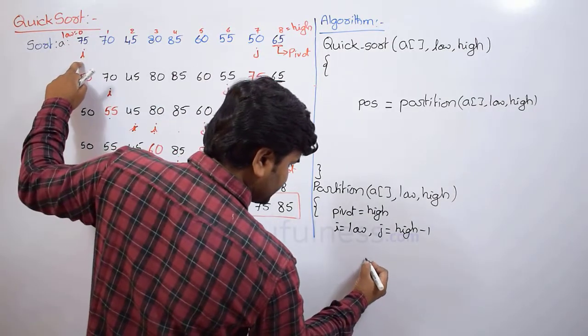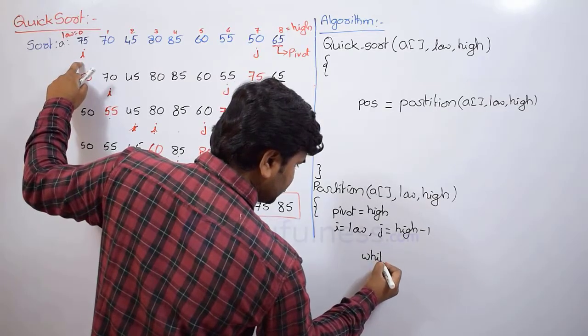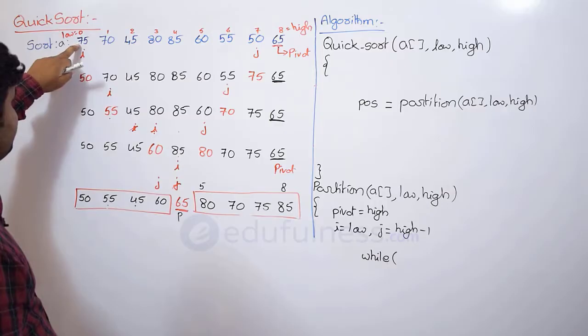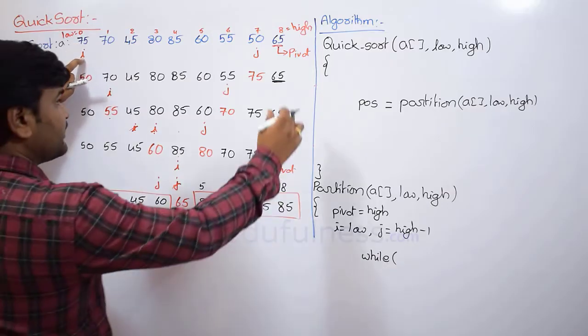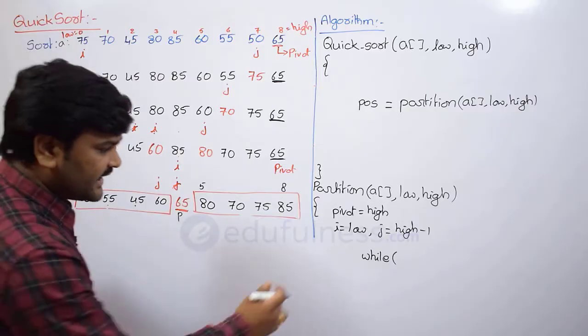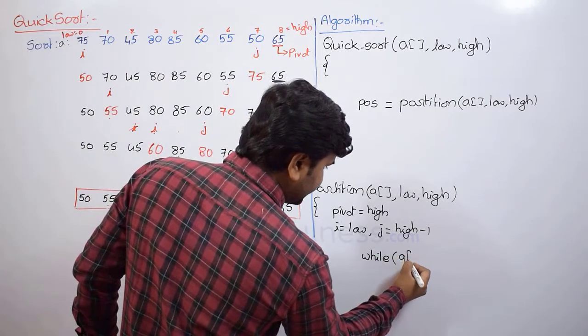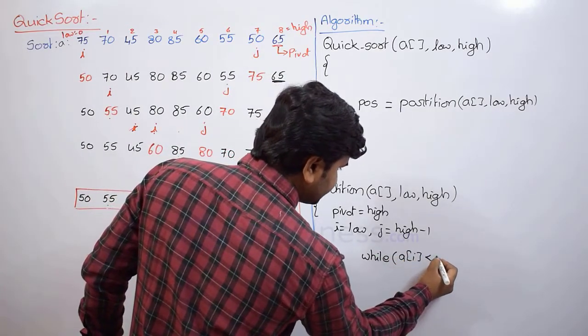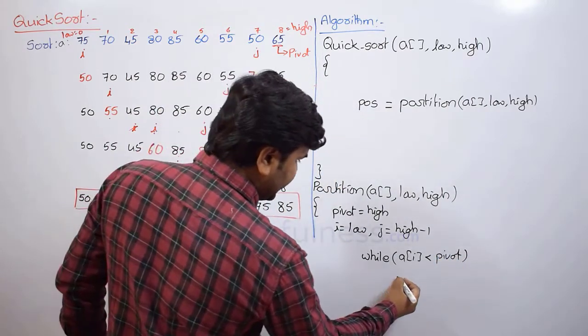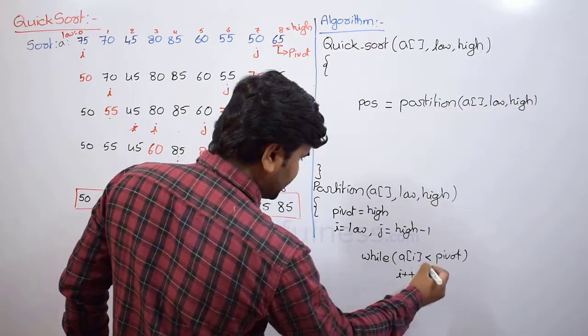While A of i is less than pivot, then i moves forward. That is, if A of i is less than pivot, i is simply incremented. I am not doing anything else.